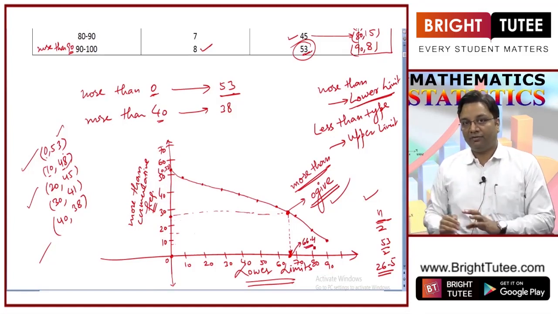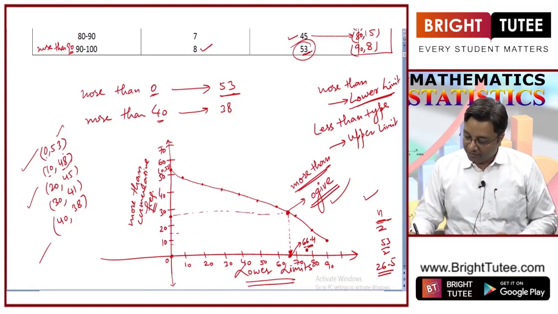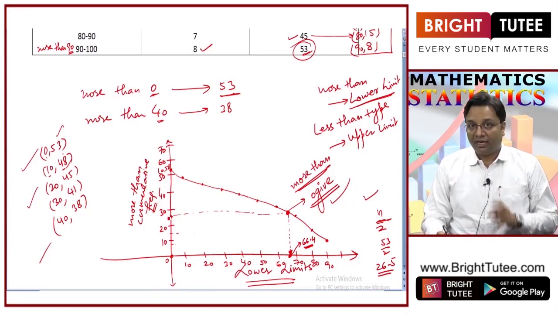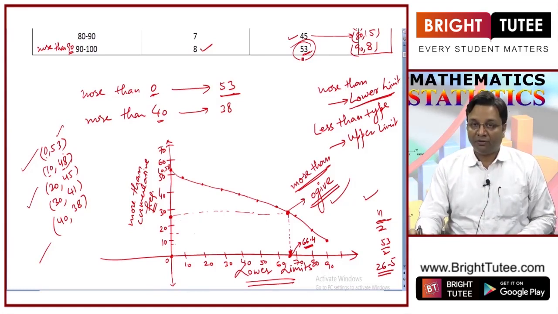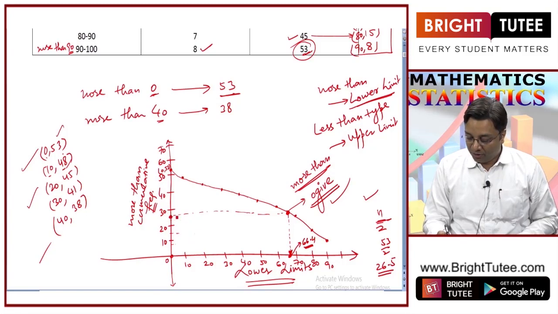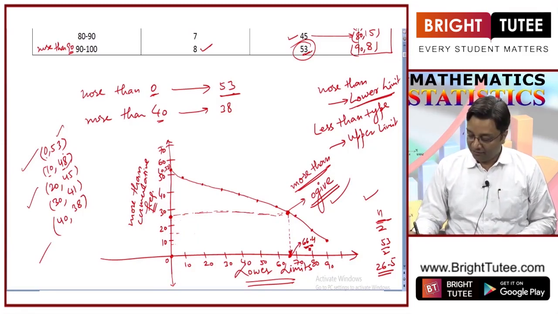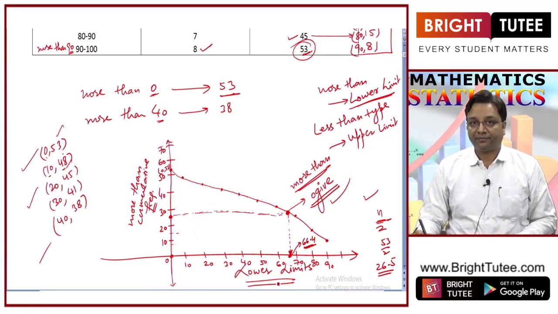If you draw it on a graph, you will get the exact median. So, corresponding to n by 2, the cumulative half of the number of observations, look for n by 2 on the y axis, draw a straight line here, you will arrive at a point on the graph, and then look at the x axis, that will give you your median, okay?